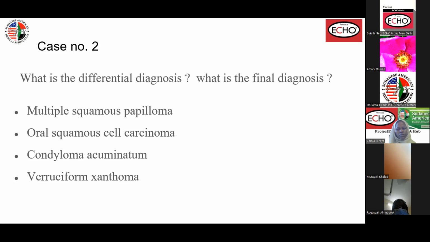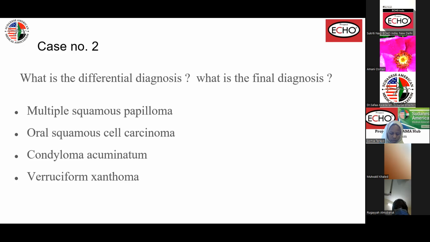This is not a very usual picture. As well, in the histology we did not notice any invasion of the lesion into the connective tissue. One of the very well-known features of oral squamous cell carcinoma is invasion of the surrounding tissues, which is not seen here.